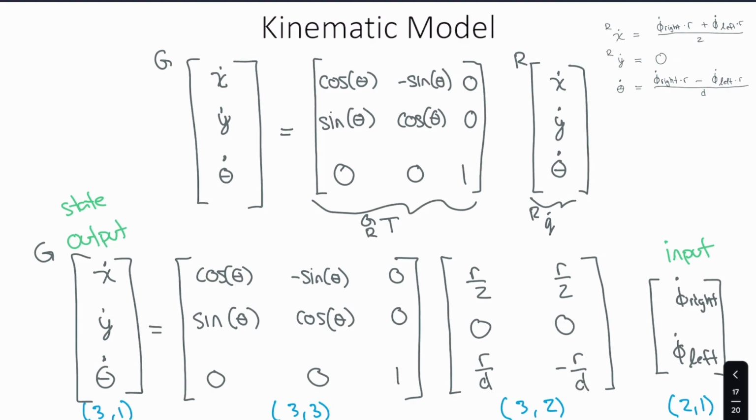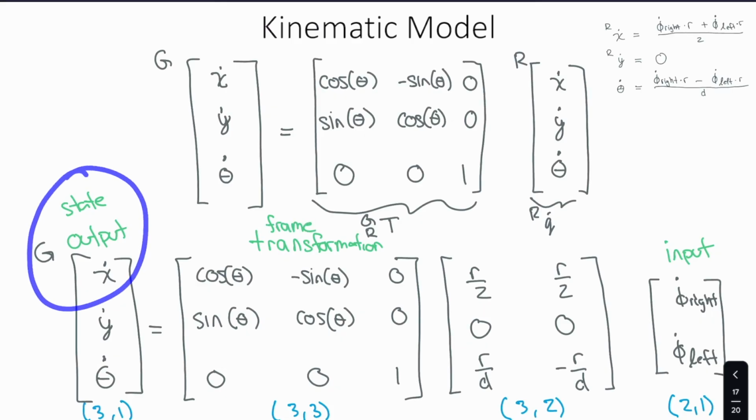So you can think of this matrix, the transformation matrix, as the frame transformation. So we have our output, which is the current state, or how the state changes rather. We have our input, and you could think of this as the physical characteristics.